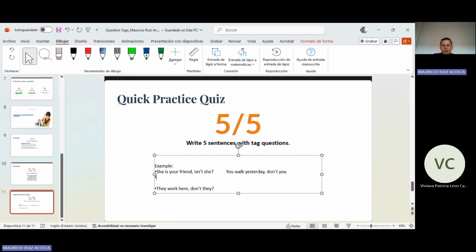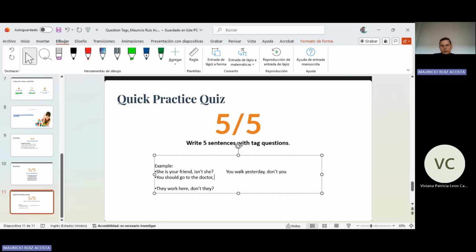with this kind of auxiliary verb. For example, we can use are. For example, you should go to the doctor, comma.